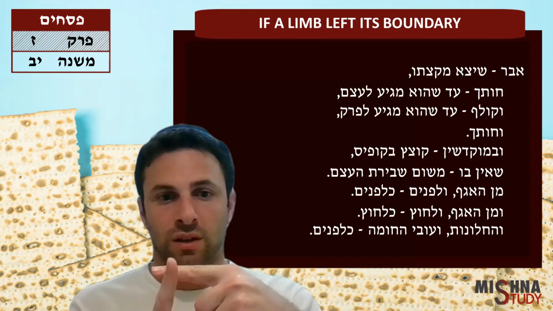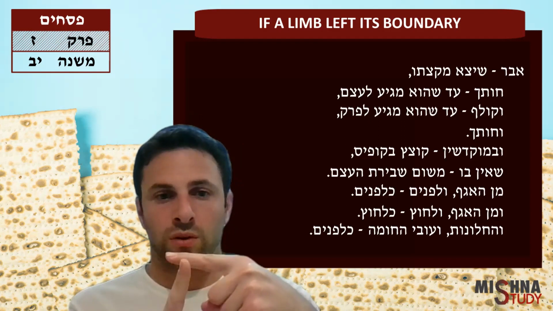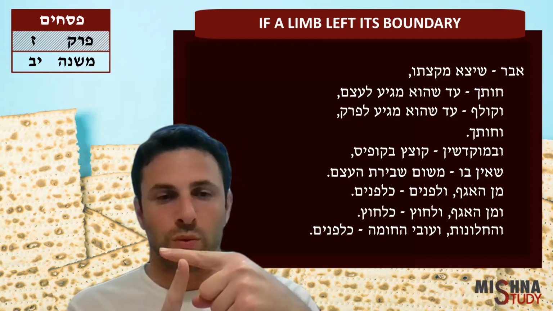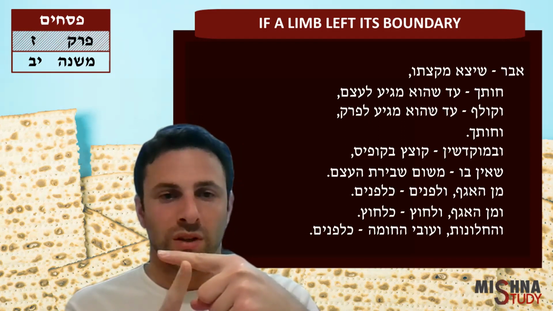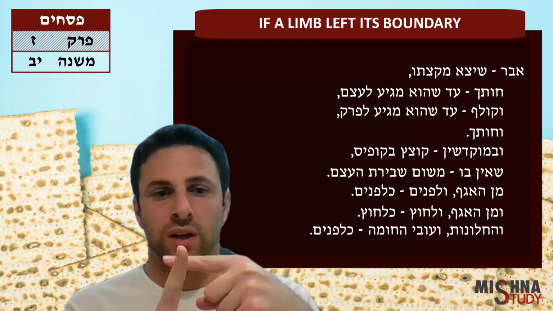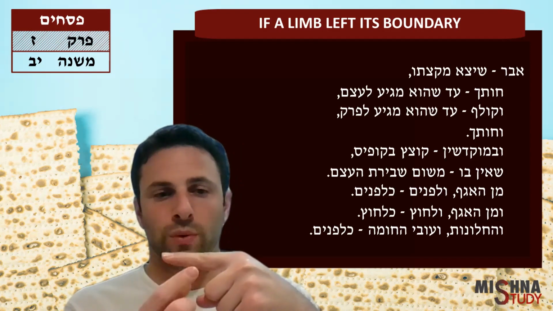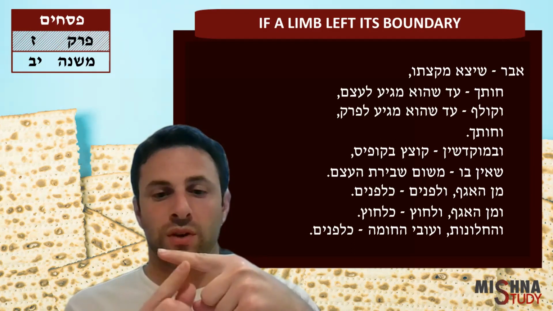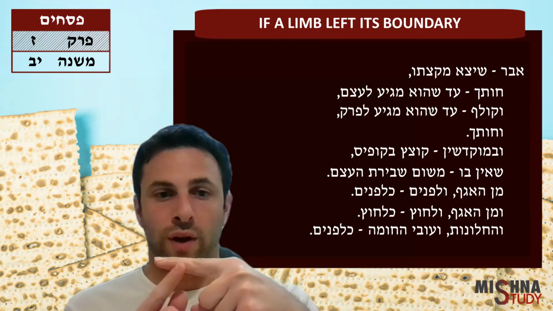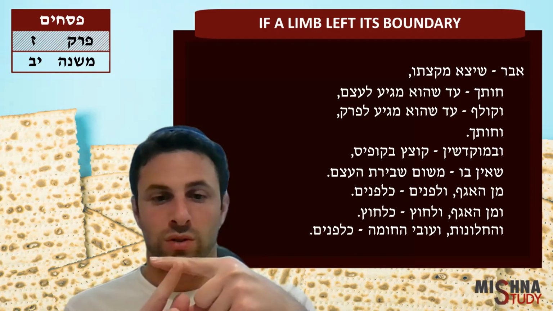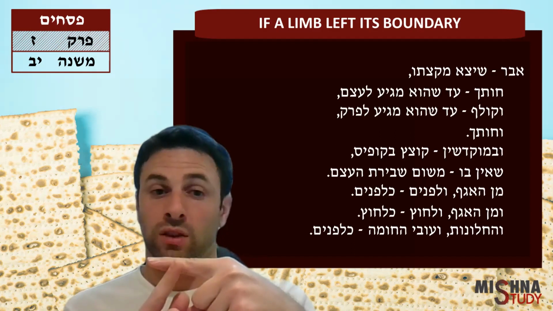So imagine my finger is one of the fingers of one of the limbs of a goat. So it left right over here, all the way up to here. So you see over here. You have to literally cut around the flesh. Now you can't cut the bone.